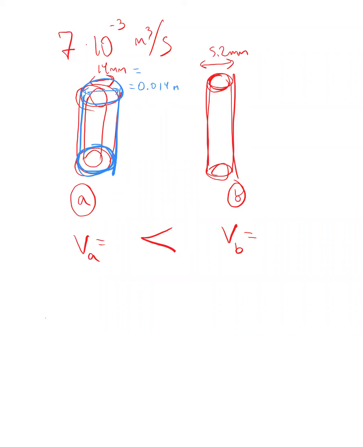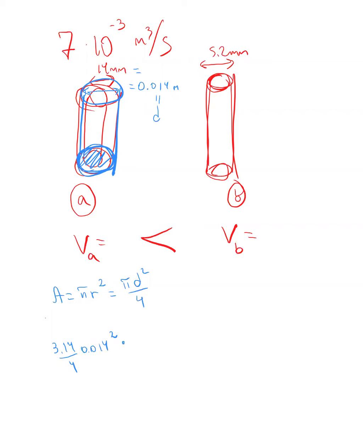And since this cross-sectional area is a circle with a diameter d, my area is pi r squared. And since r is half of the diameter, it's pi diameter squared divided by 4. So I get pi, 3.14, divided by 4 times 0.014 meters squared.